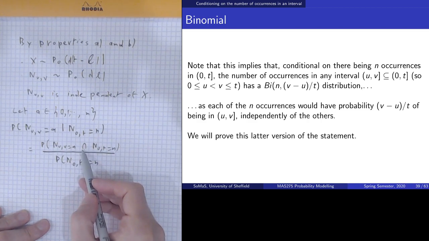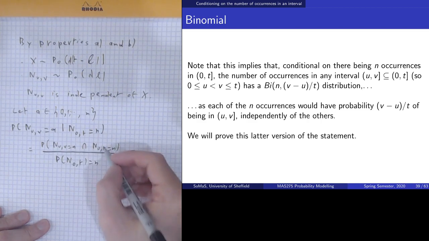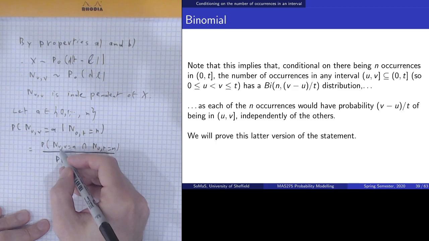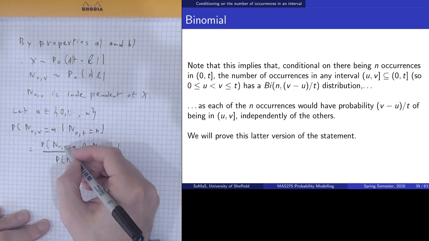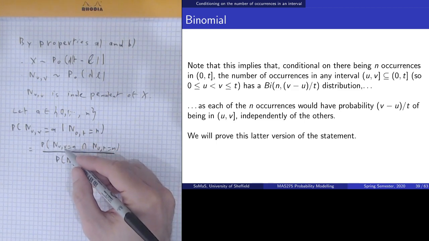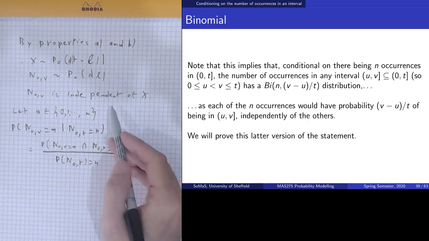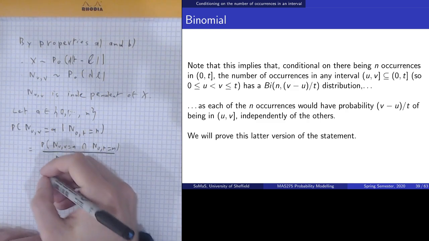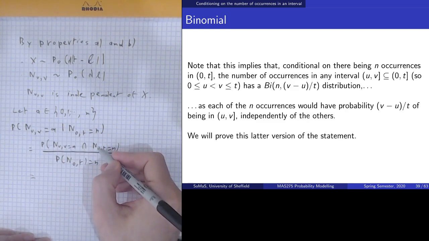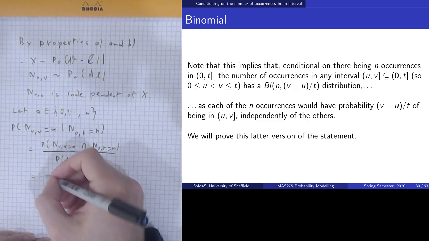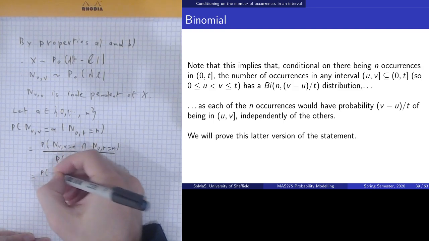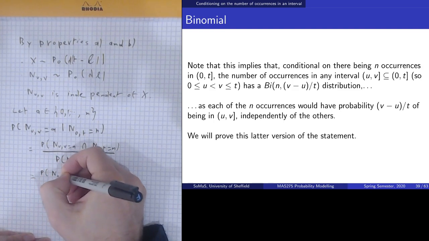So this intersection isn't nice because these two events are not independent. N_{uv} is not independent of N_{0t}. N_{uv} is independent of X. But of course, since N_{0t} is the sum of N_{uv} and X, we can just write this the other way.